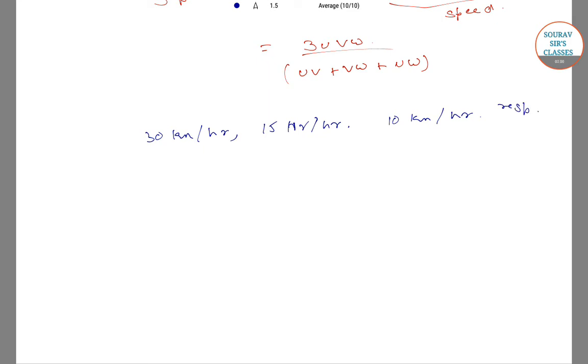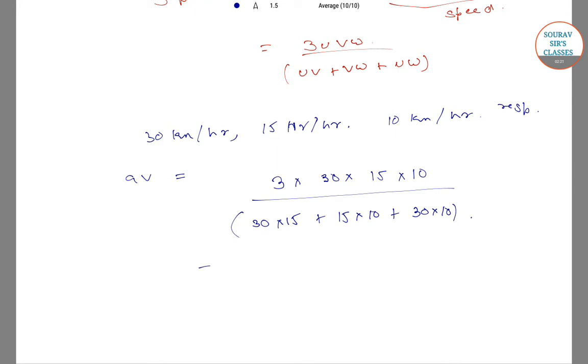Then the average speed during his whole journey would be given by 3 into 30 into 15 into 10 divided by 30 into 15 plus 15 into 10 plus 30 into 10, which is equal to 13500 divided by 450 plus 150 plus 300, which is equal to 13500 divided by 900, which is equal to 15.